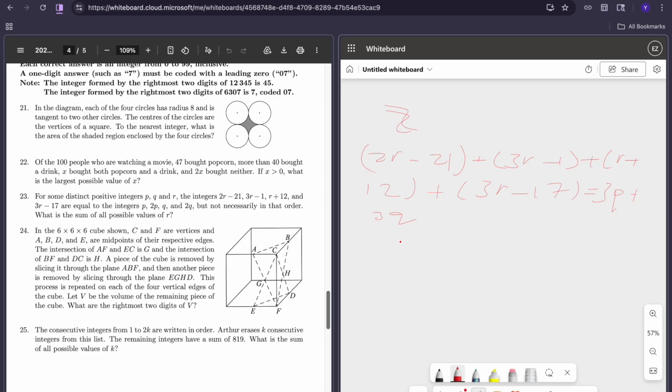After some simplification, the left side equals 9r minus 27, and the right side equals 3 times p plus q. Dividing by 3 on both sides, we get 3r minus 9 equals p plus q. So 3 times r minus 3 equals p plus q.